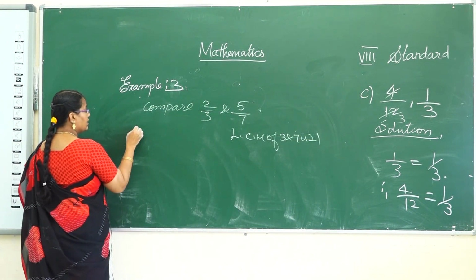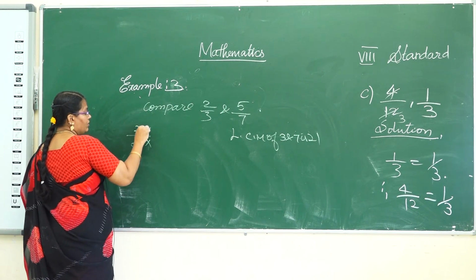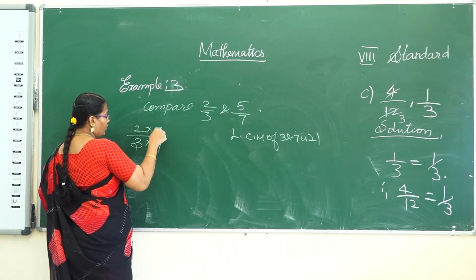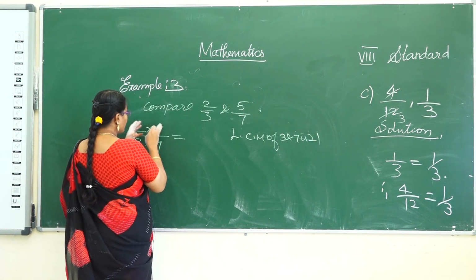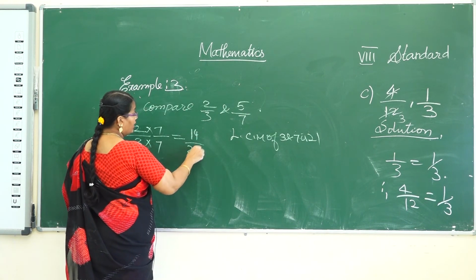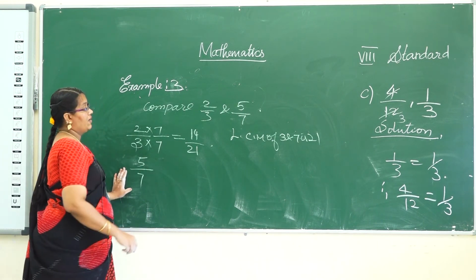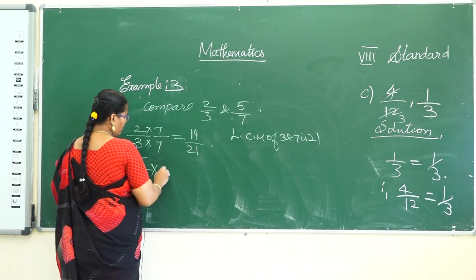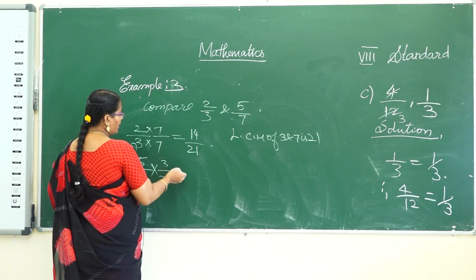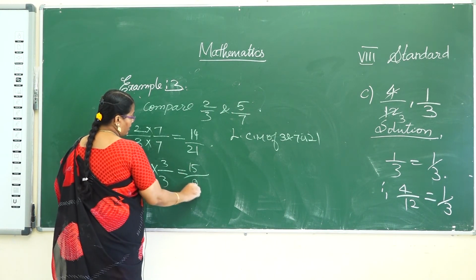First consider the first rational number, 2 by 3. Into which number do we multiply the denominator to get 21? 7. That number we multiply with the numerator too. So, 2 7s are 14, 3 7s are 21. Let us consider the next rational number, 5 by 7. Into which number do we multiply 7? 3. So, 5 3s are 15, 7 3s are 21.